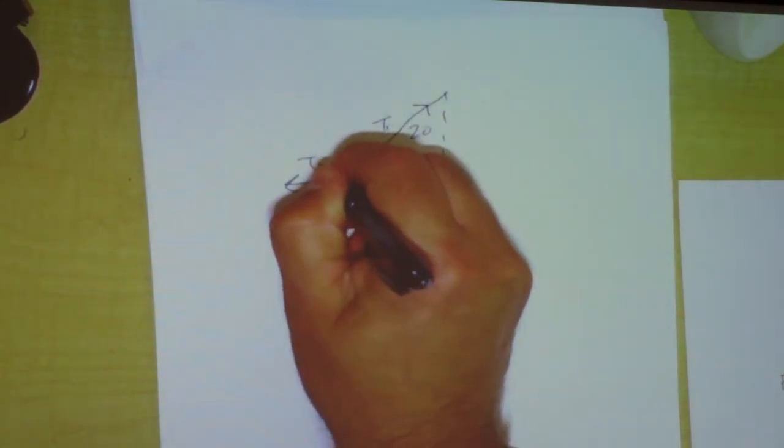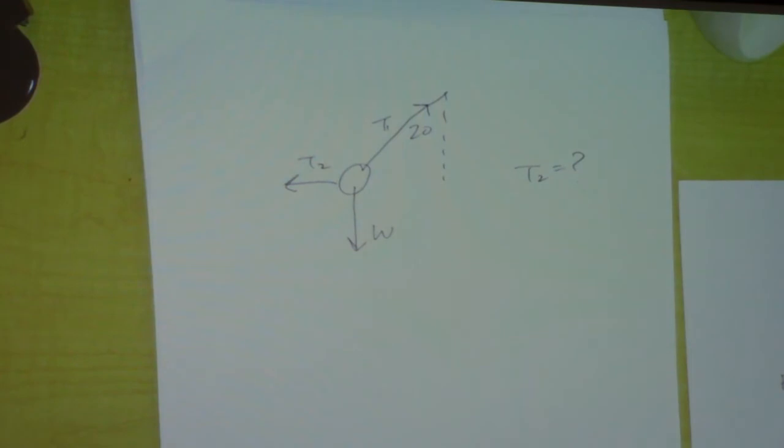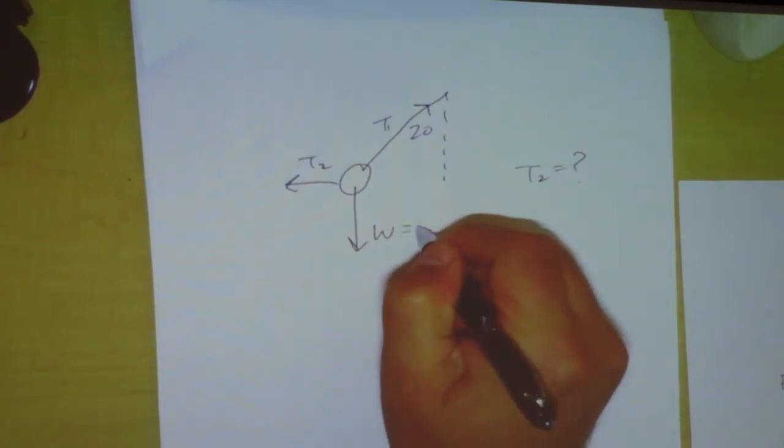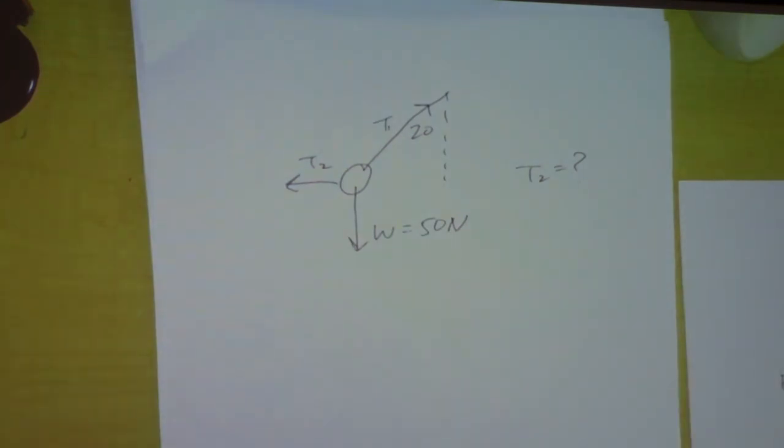I'll just call this one T1 and this one T2, and we're trying to figure out T2 in this problem. There's 2 different ropes, that's why I've got them both listed. And the weight of this is 50 newtons. Again, we're trying to figure out T2.